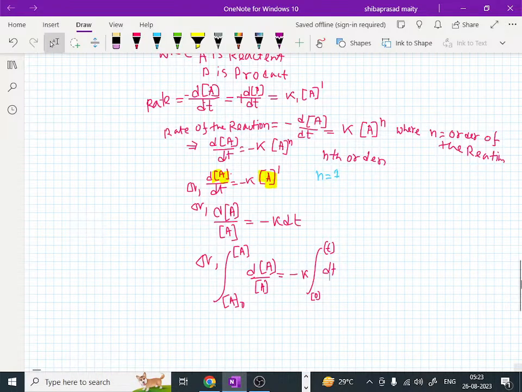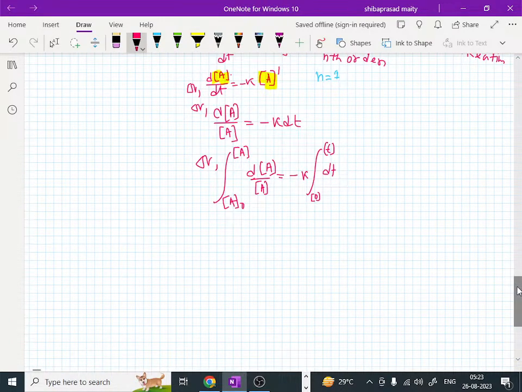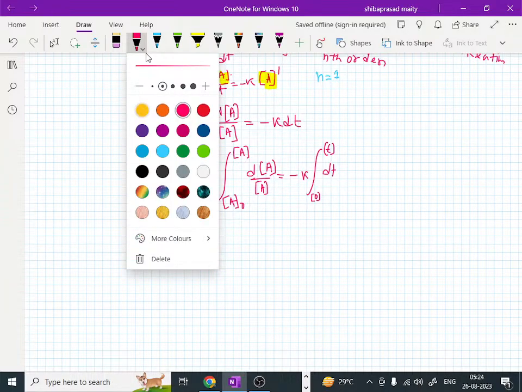Now, how do we solve the upper limit and lower limit?